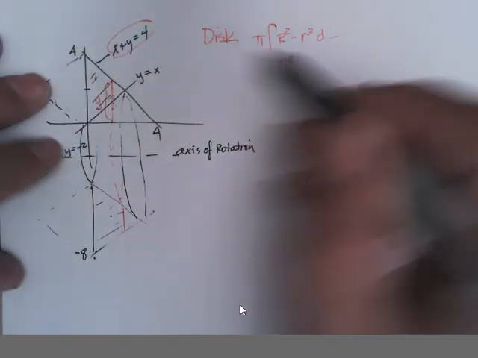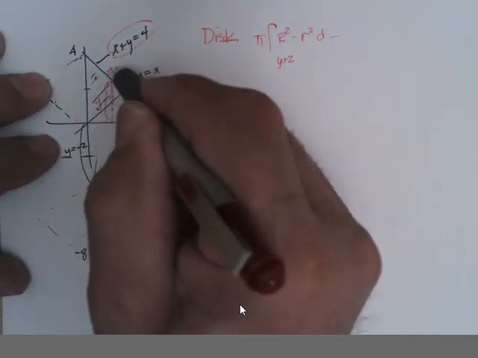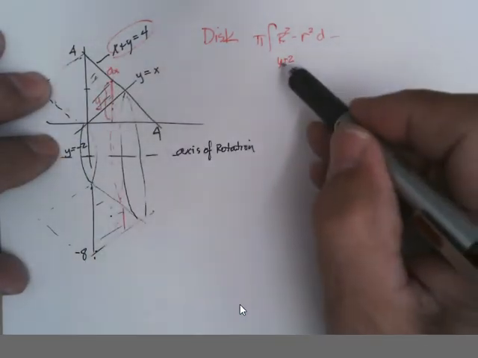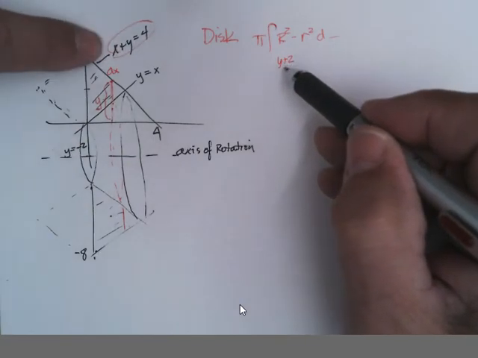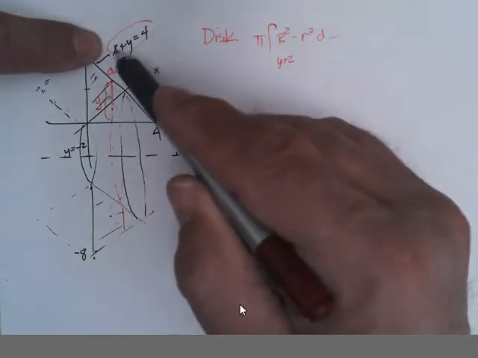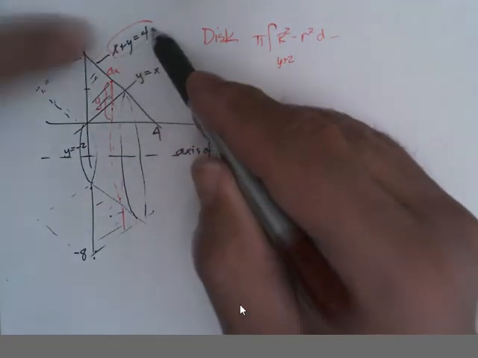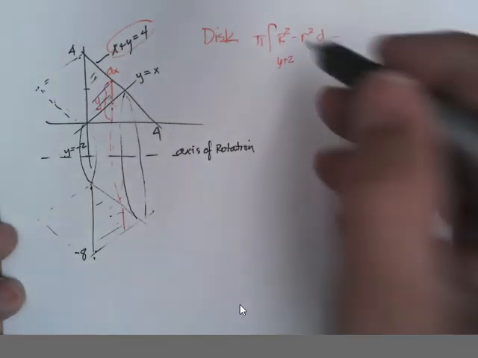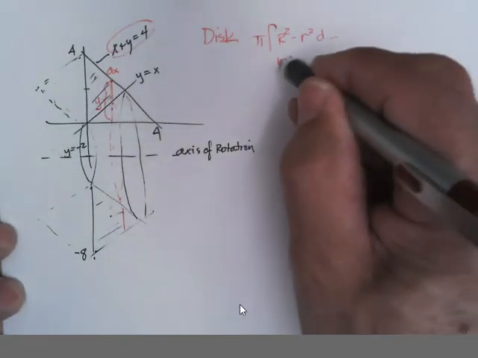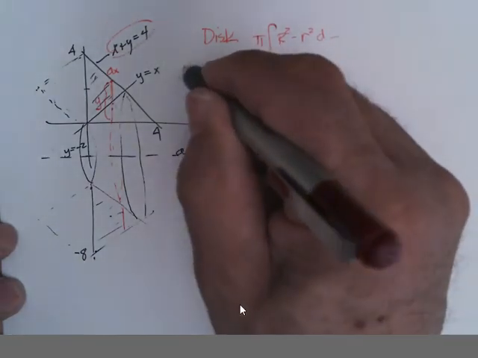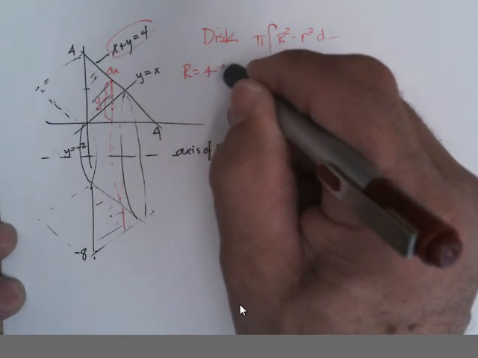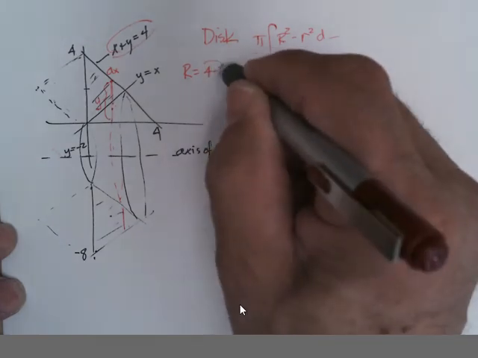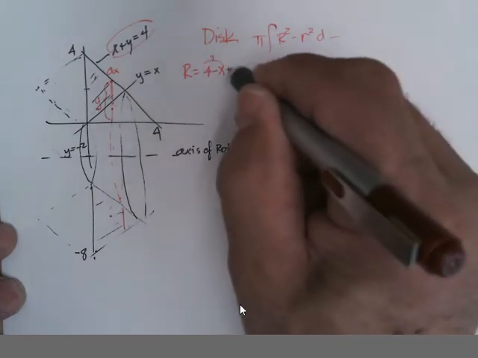The thickness is in the x direction, which says I need to have the equation written in x's. So y from this equation would be 4 minus x. So for the large radius, it's going to be 4 minus x, which is the y, plus 2.